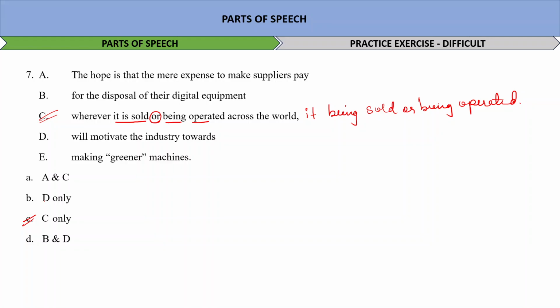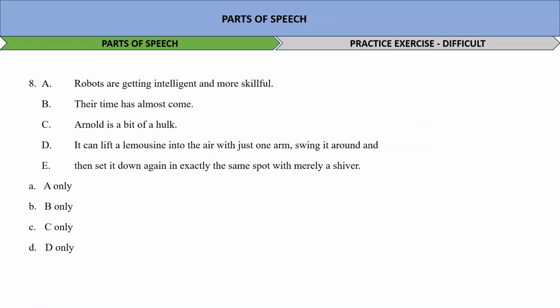Next, robots are getting intelligent and more skillful. Their time has almost come. Arnold is a bit of a Hulk. It can lift a limousine into the air with just one arm, swing it around, and then set it down again in exactly the same spot with merely a shiver. So question number 8. We are basically comparing robots now and then.